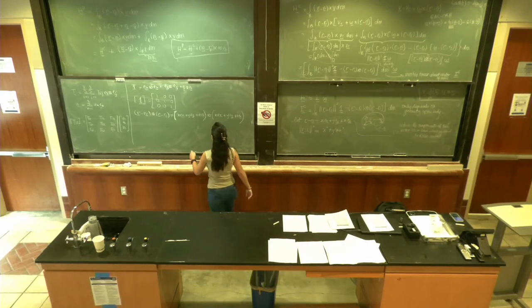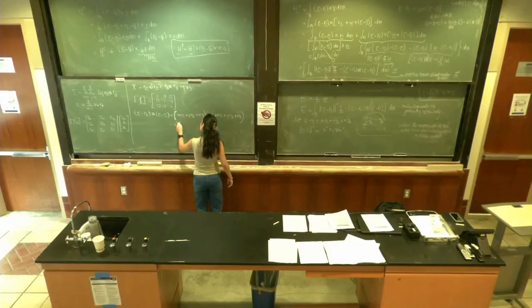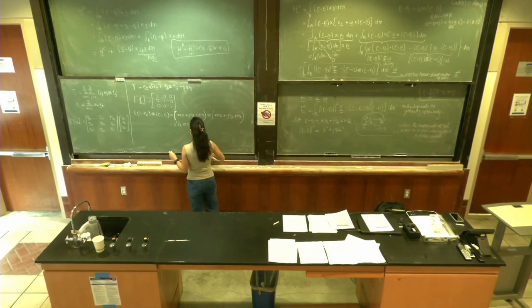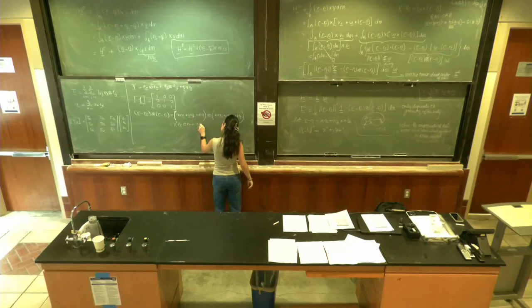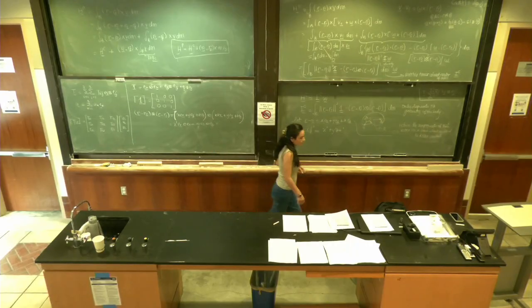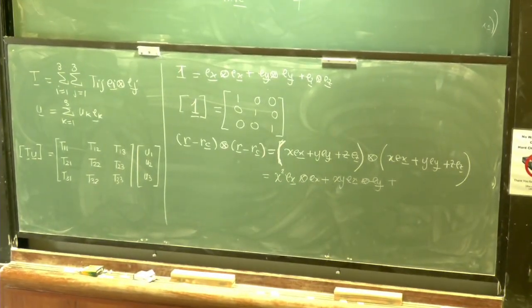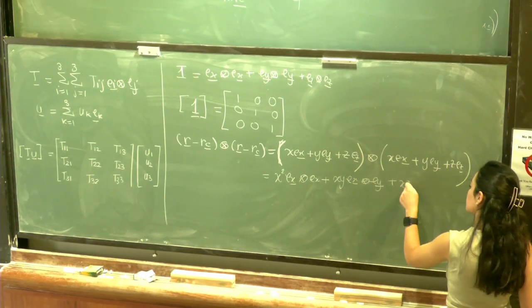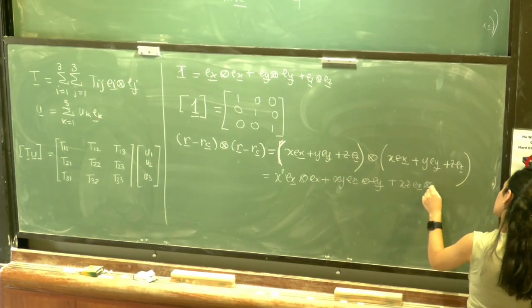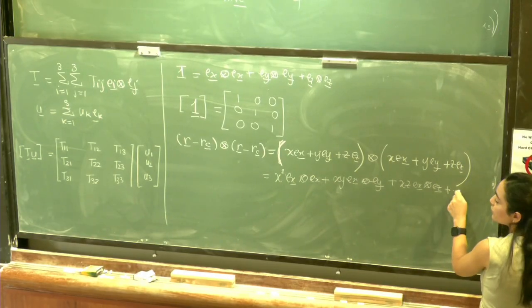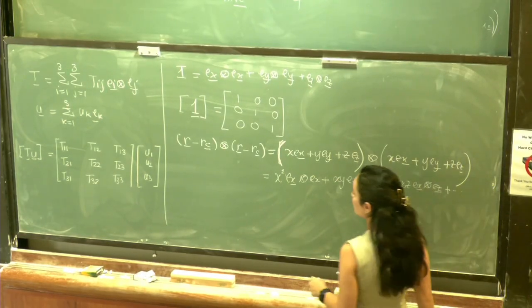Right, so that's equal to x squared e_x bond e_x plus, and so on. So I can write this in terms of the matrix representation.